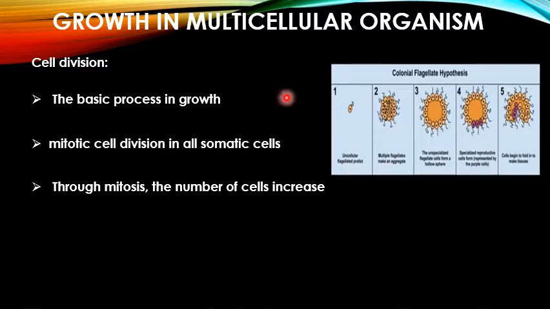So how does this take place? Here you can see the cell proliferates. Here you can see a single cell. This proliferates or multiplies to form a number of cells. Here you can see the number of cells formed from a unicellular cell, which gets fertilized and then forms many cells.